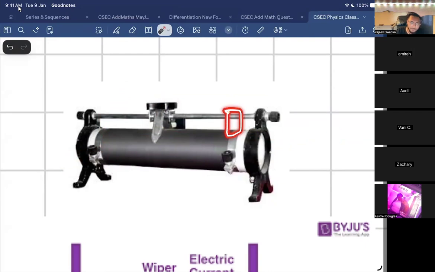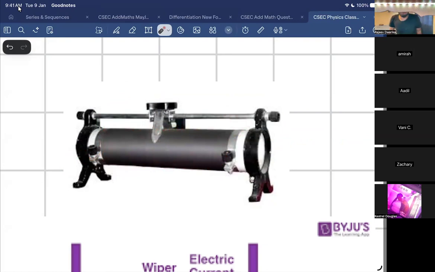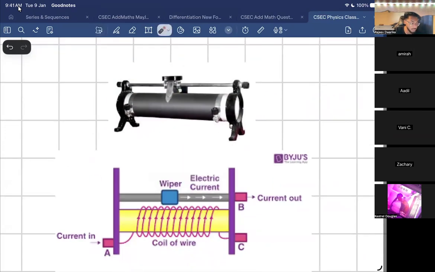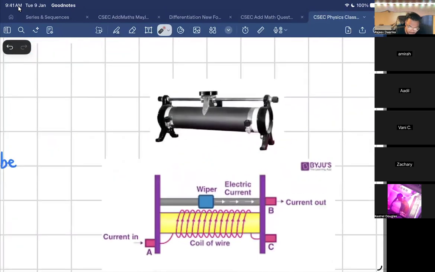A large resistance. Right, because the current had to go all through the whole thing. Exactly, and that resists the flow of current. So I hope you understand this is a variable resistor. You also have potentiometers, which is also an example of a variable resistor, but this is the one we look at typically in CSEC physics.